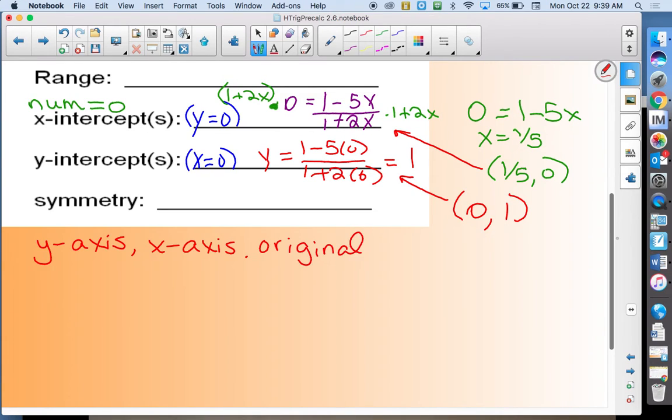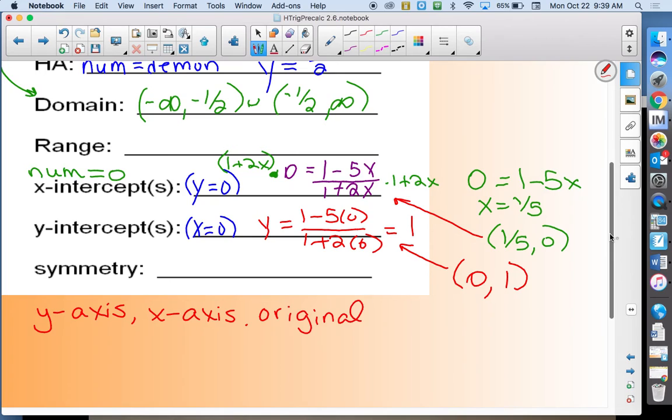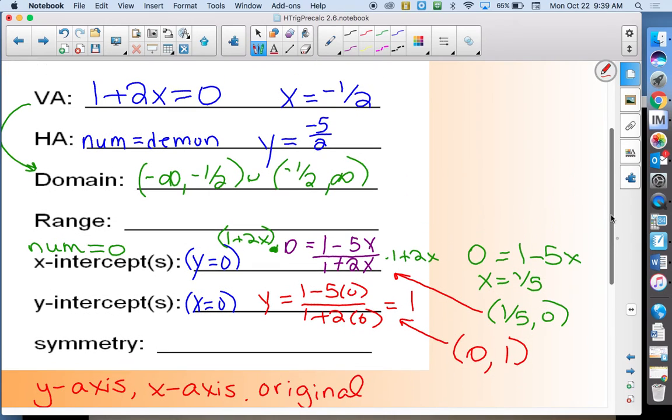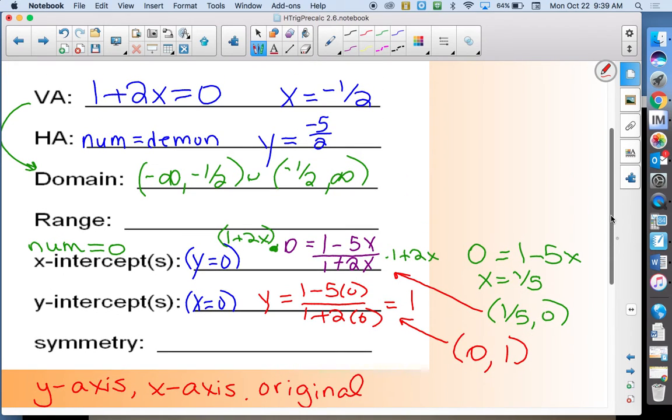Those are the only 3 types of symmetry. Don't say that it has symmetry about x equals 2. So it either has y-axis symmetry, x-axis symmetry, or origin symmetry. When you look at the graph, if it's not symmetrical about any of those, then it doesn't have symmetry. So look at the graph to get the range. Look at the graph to see if there's symmetry.